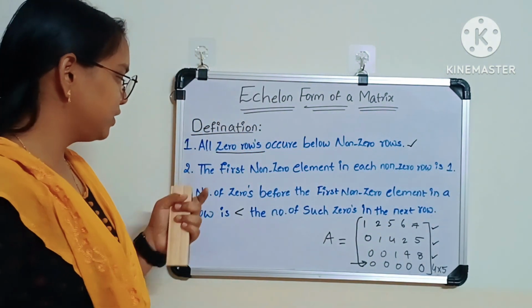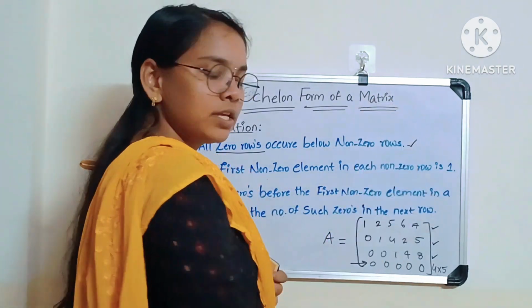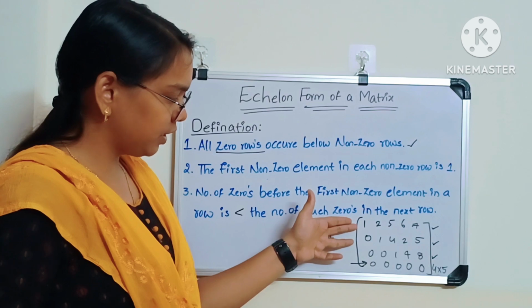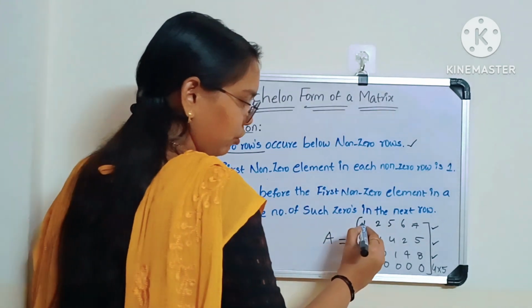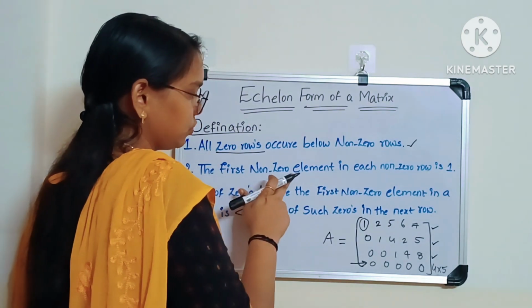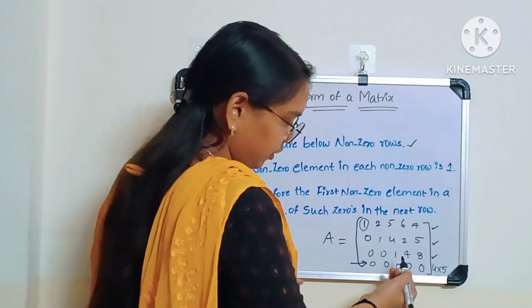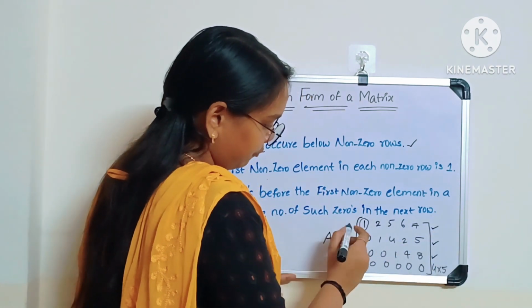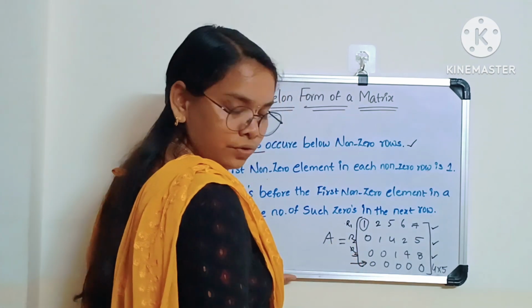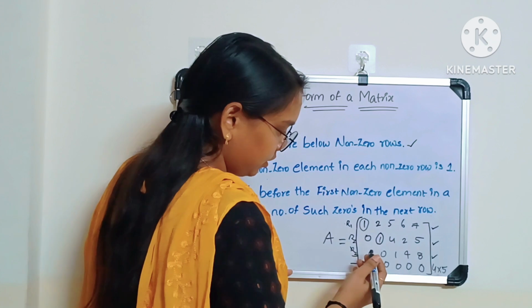The next one is that the first non-zero element in each non-zero row is 1. That means in all these three rows, which are R1, R2 and R3, the non-zero rows, the first entry other than 0 should be 1.